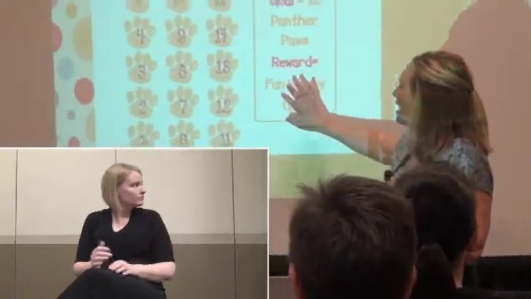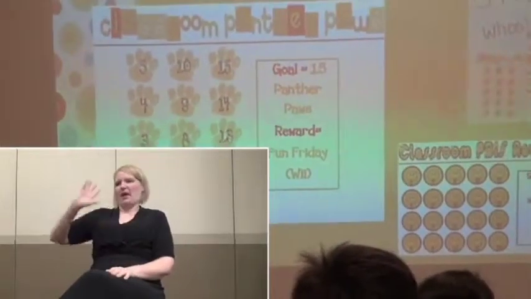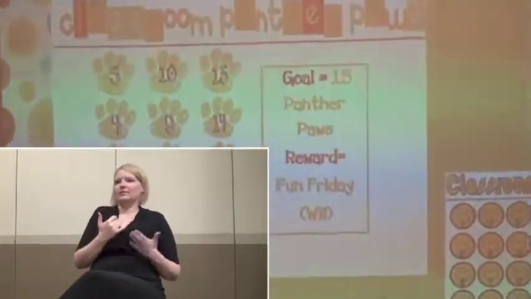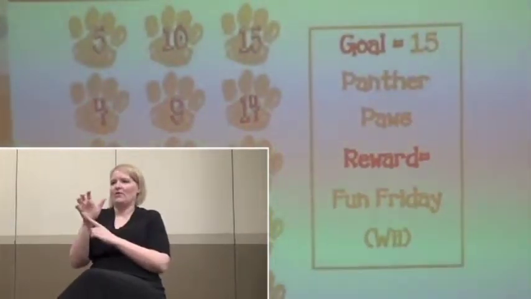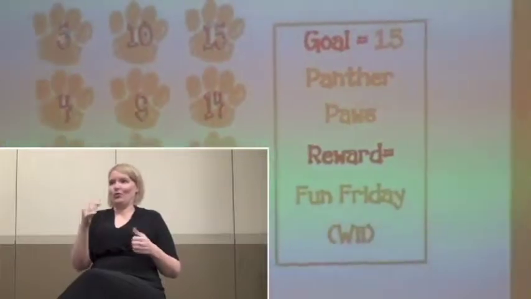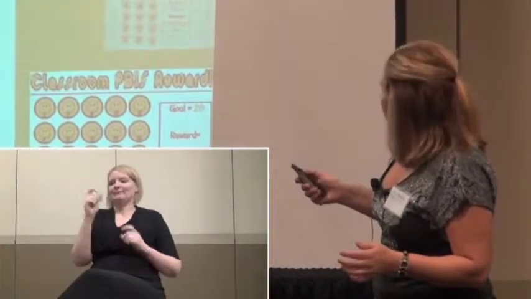In the past, I think we kind of made the mistake where we didn't necessarily have parameters set as to how they would earn a Panther Paw. So that was kind of like, if you remembered, you give one. So I like it now with the stars, and I always say, if I forget, you have to remind me, or I'll give a student, you're responsible this week. You have to check at the end of the class, did we earn all our Panther Paws? Because then it takes it off me if I forget, and then it puts it on them. So we've done it a couple different ways.